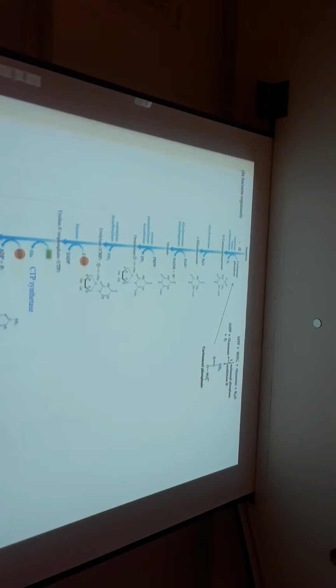Exactly. So we produce ammonia in the liver, and the ammonia is incorporated into the carbamoyl phosphate by which enzyme? Do you remember? Just look at the name of this enzyme, and then you get a clue. Carbamoyl phosphate synthetase 1.